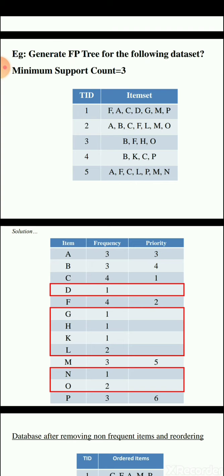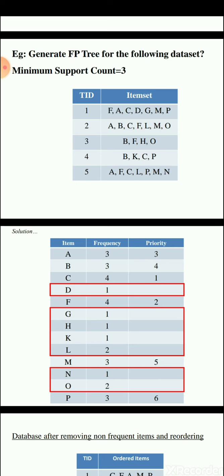So the items are A, B, C, D, F, G, H, K, L, M, N, O, P. The frequency for A is 3, B 3, C 4, D 1, F 4, G 1, H 1, K 1, L 2, M 3, N 1, O 2, P 3. Then you have to prioritize the items, that is in the third column.